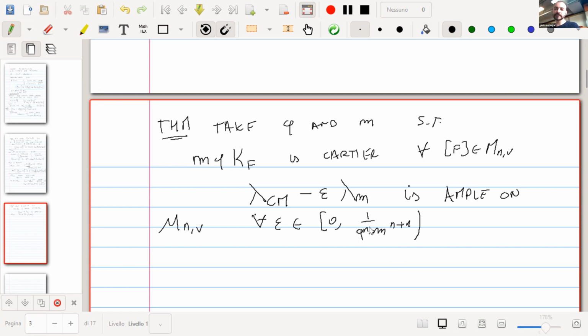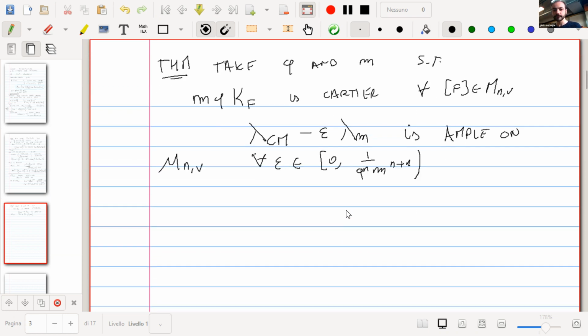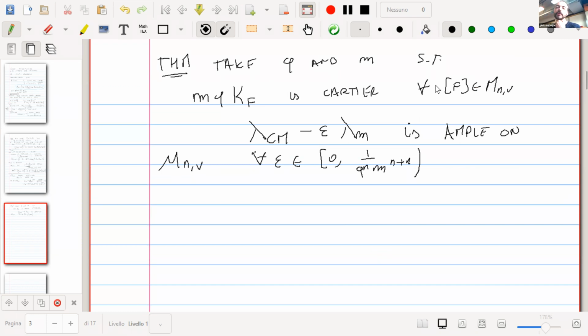So it gives you a small segment which starts off from the CM line bundle and moves into the ample cone, and it tells you that you stay in the ample cone for a little while. So it's a quantitative result and tells you how big, at least, the ample cone is. It gives you a portion of the interior of the ample cone, which of course depends on the geometry of the parameterized varieties.